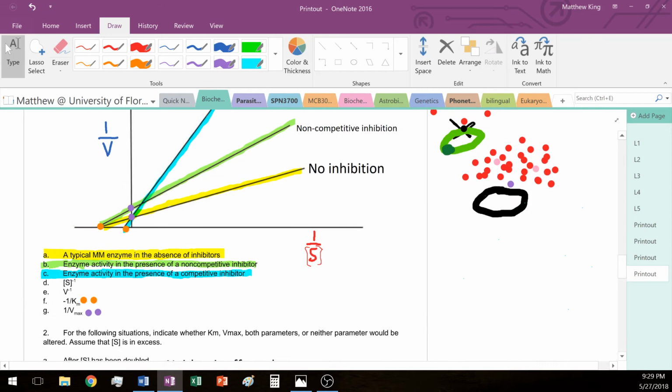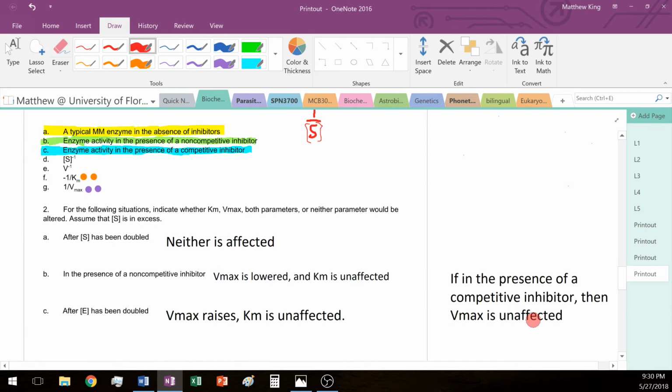You can prove this theoretically: if you flood the enzyme with its purple active site with a whole bunch of your red substrate, which is what you want to be there, and make so much that the pink competitive inhibitor is drowned out and basically overridden, then your Vmax is basically the same anyway. And that's how you derive that Vmax would be unaffected in the case of a competitive inhibitor.